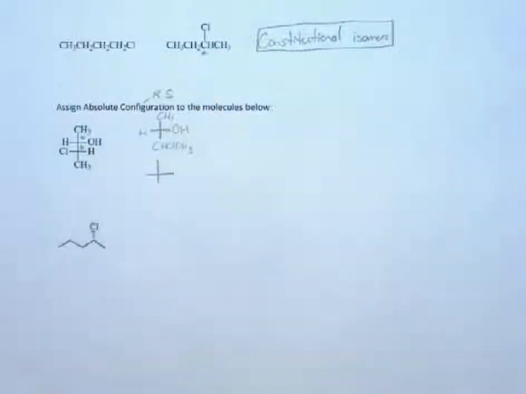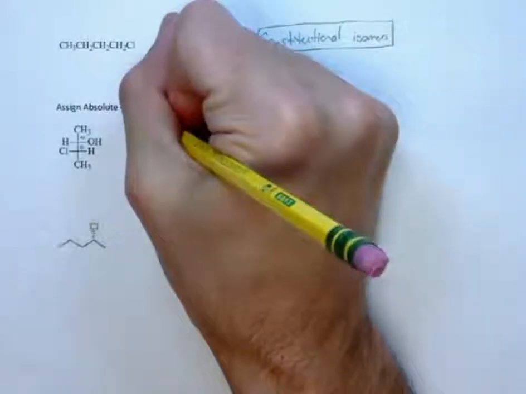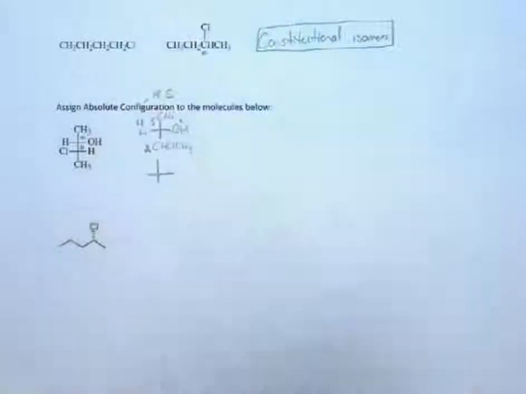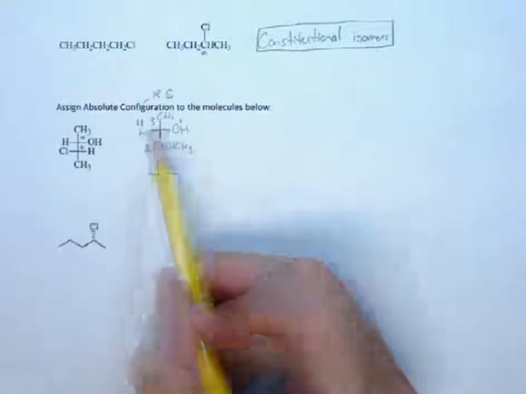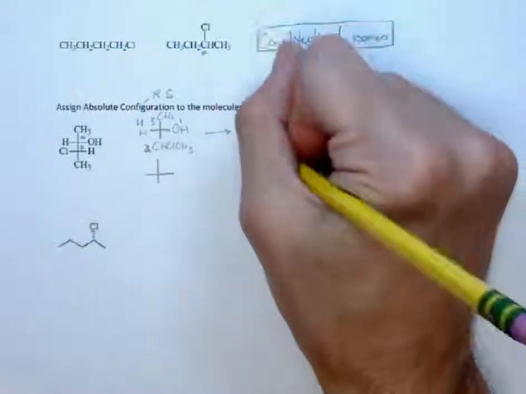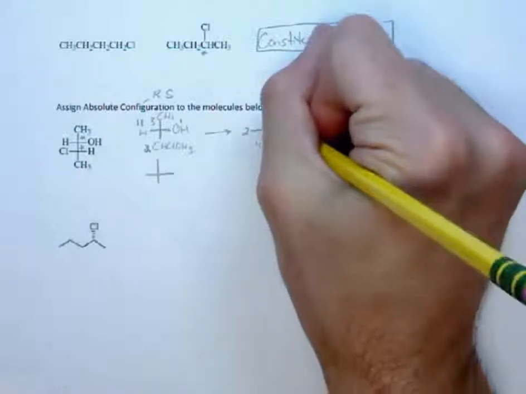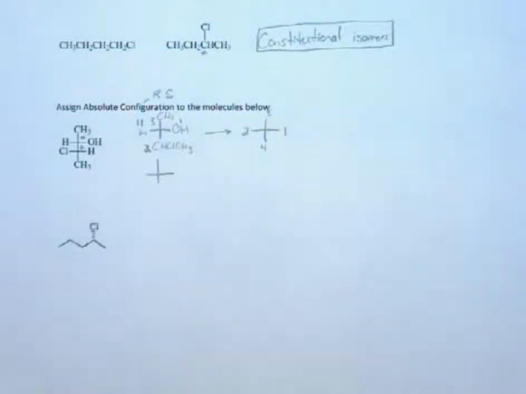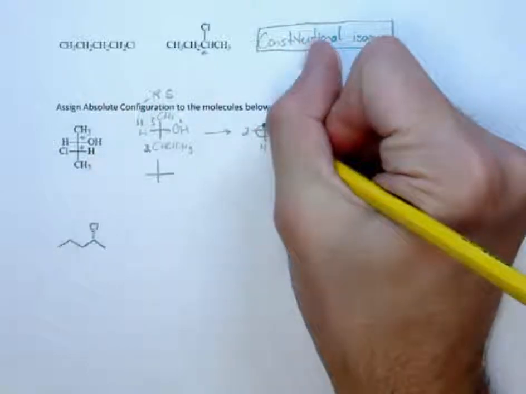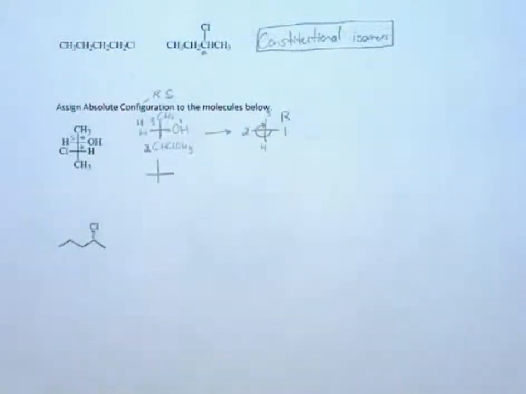So the priorities are as follows: 1, 2, 3, 4. And so we need to convert this. So the lowest priority is on a vertical bond, usually at the bottom. So if we draw our rotation, we get R. However, this means the original asymmetric center is S.